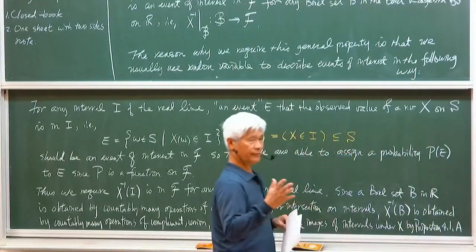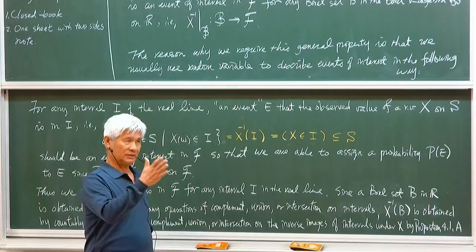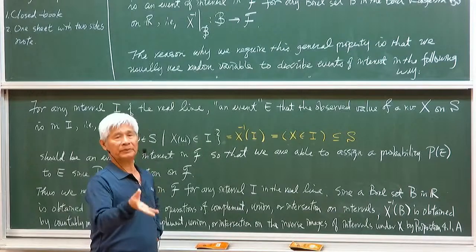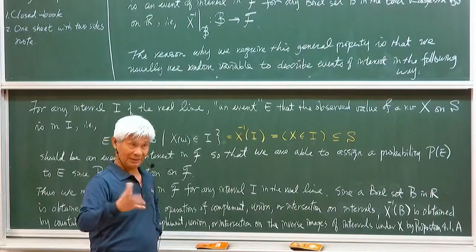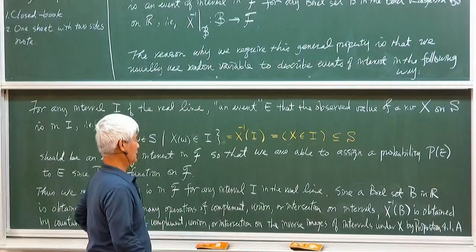Because in proposition 4.1.a, the inverse mapping commutes with complement, union, and intersections. So they commute.